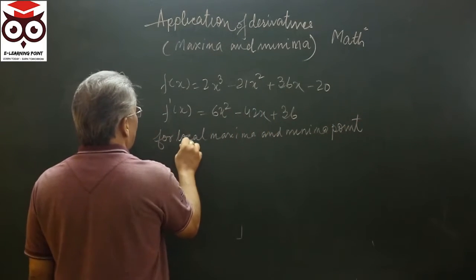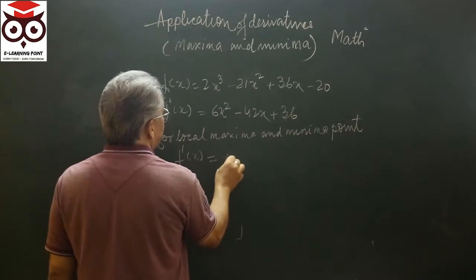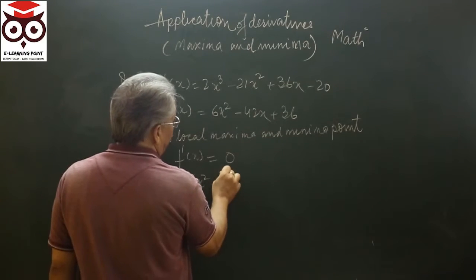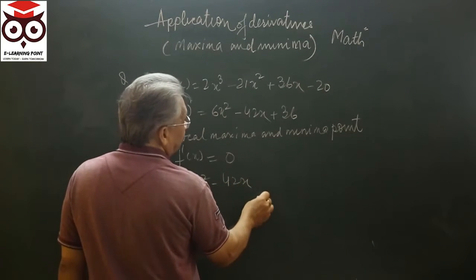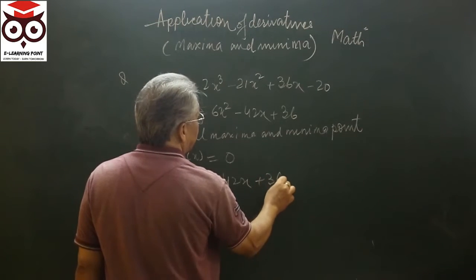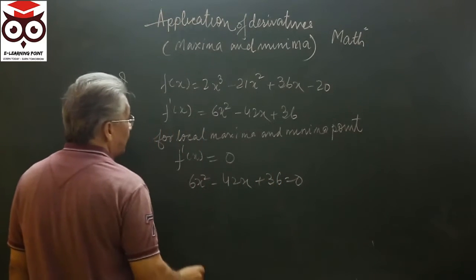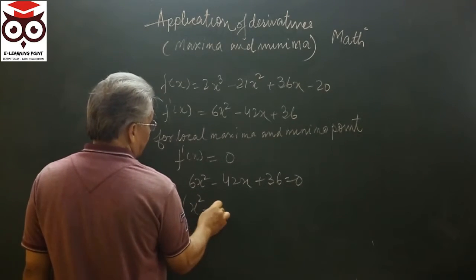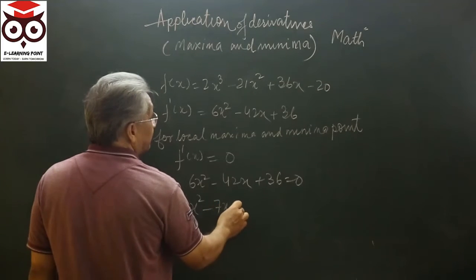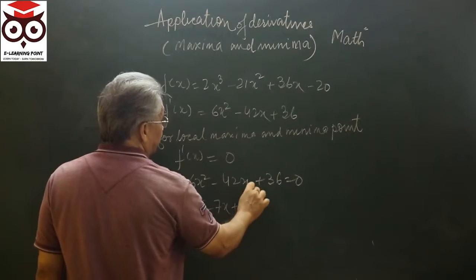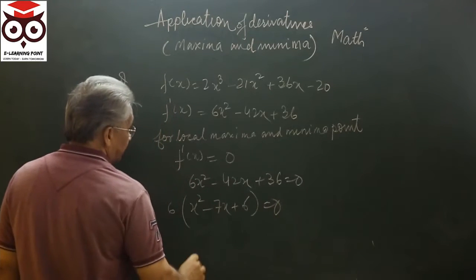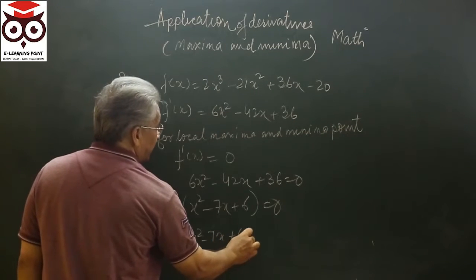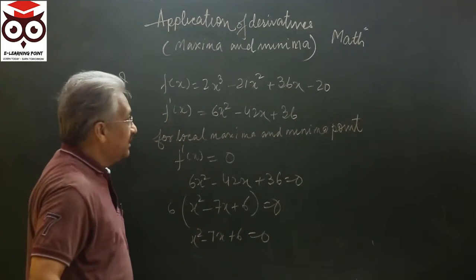What will I do? I will put f dash x is equal to 0: 6x square minus 42x plus 36 is equal to 0. Let me take 6 common from this. x square minus 7x plus 6 is equal to 0.